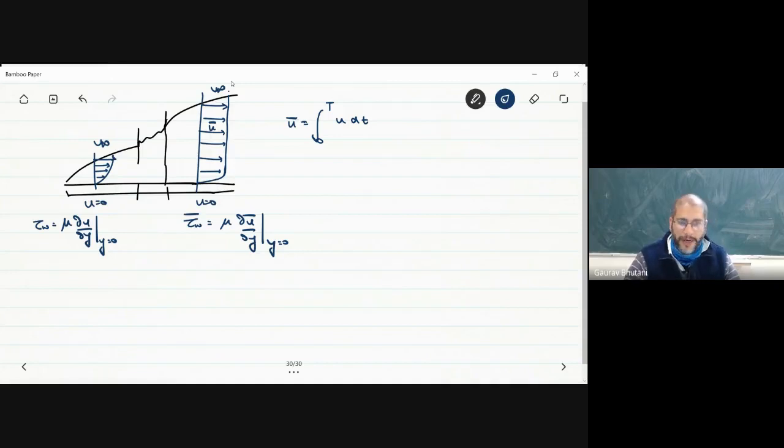So we call this the average wall shear stress, and this is written as mu times del u bar by del y. So remember that in the turbulent region, since the flow is not steady, we tend to talk of the gradients of the average velocity.